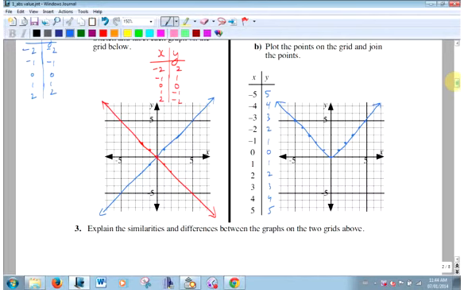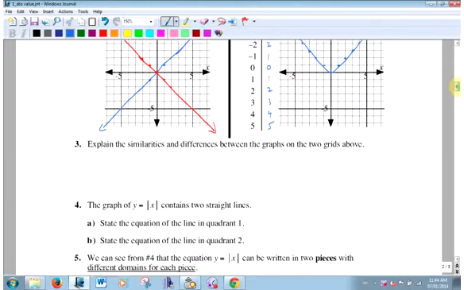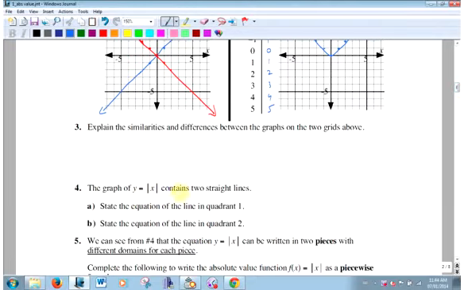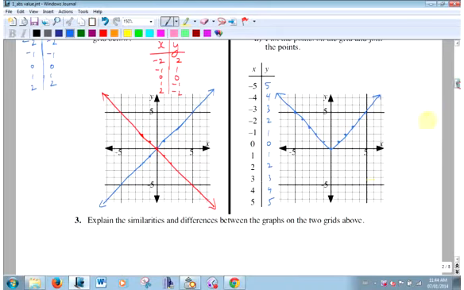Okay? Or it's this whole graph missing the negative stuff. Okay? I'm not going to write anything down there. We just want to observe, that's the similarities, that's the differences. The graph, that's this one we just did, contains two straight lines, right? This one and this one.